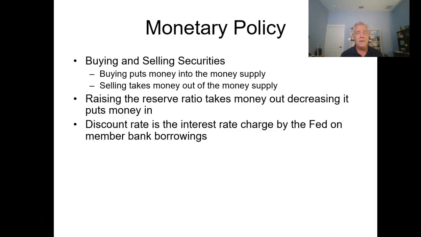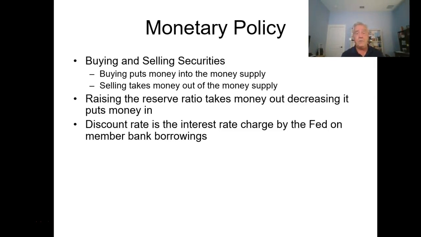The interesting thing is they pay an interest rate, and they also can charge an interest rate on your borrowings. So one way they can do it is they pay an interest rate. If they're paying a high rate, that's a good thing. That stimulates the lending of banks.